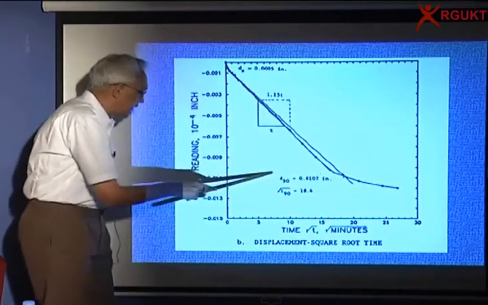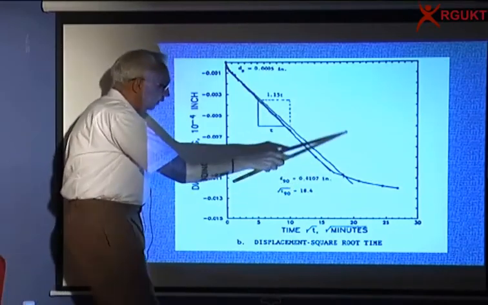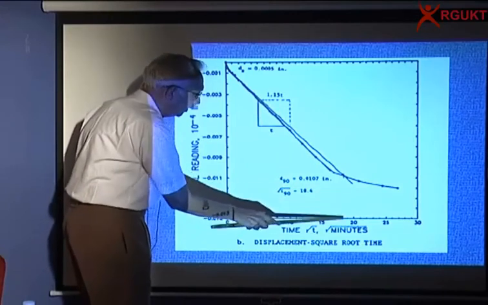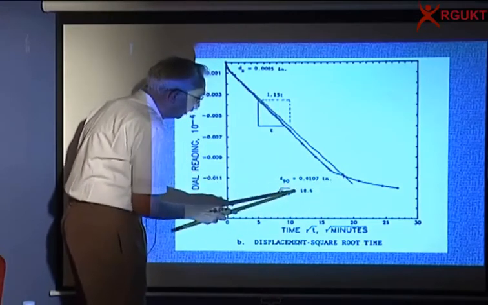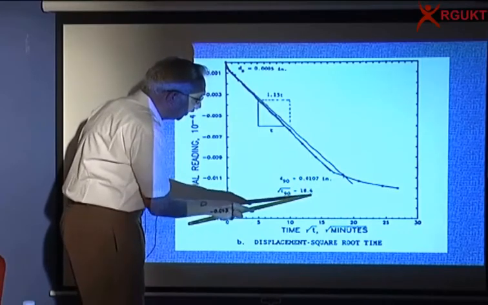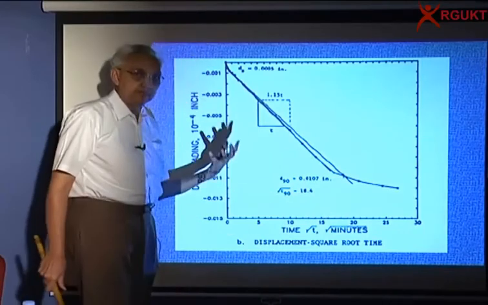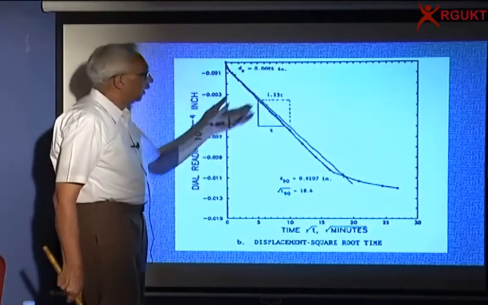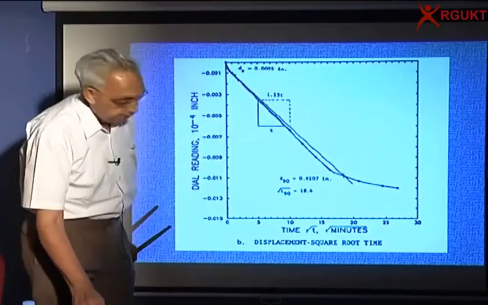It intersects here and then you take the time corresponding to T90. In this case, square root of T90 is 18.4. So T is equal to the square of 18.4, and I go back to that equation to calculate Cv.